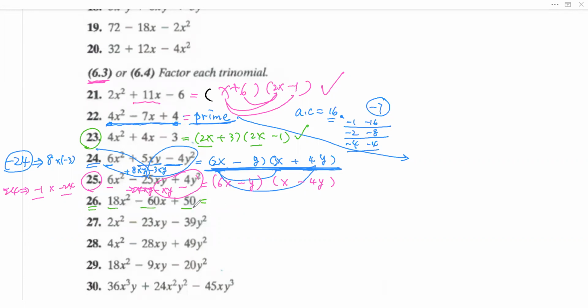No. I got 2x minus 3y in the parentheses and then another parentheses with x minus 13y. Okay, can you read it one more time? 2x minus 3y, and then x minus 13y. 13.